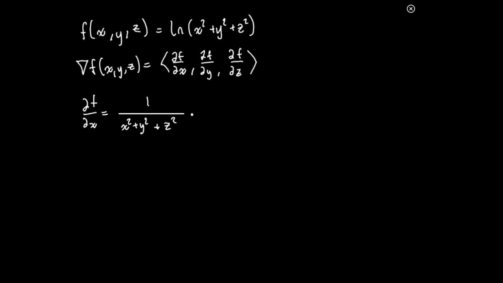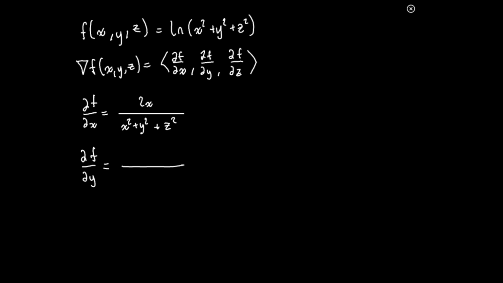We multiply it by, okay, what's the partial derivative of the inside with respect to x, right? And that's just going to come out to 2x. So we can take that 2x and go ahead and throw it on top. 2x.